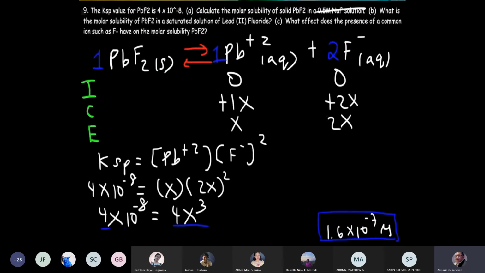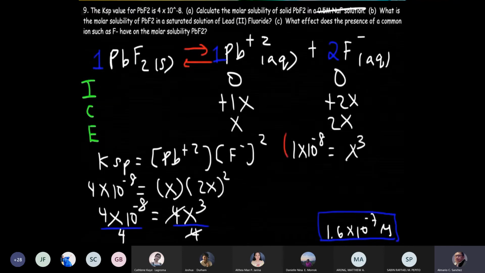So first, what we need to do is divide both sides by 4. So 4 divided by 4 is 1. So on the left side, it's going to be 1 times 10 to the negative 8, and that's equal to x cubed. Now what we need to do now is take the cube root of both sides, or simply raise both sides to the 1/3 power. 3 times 1/3 is 1.